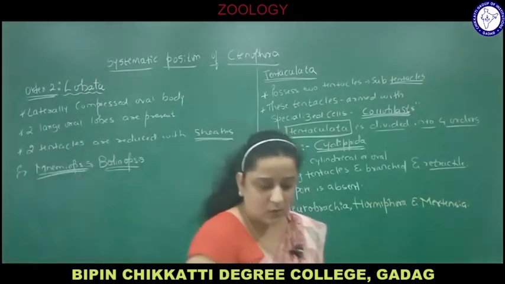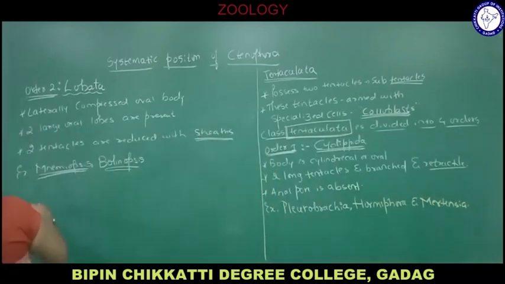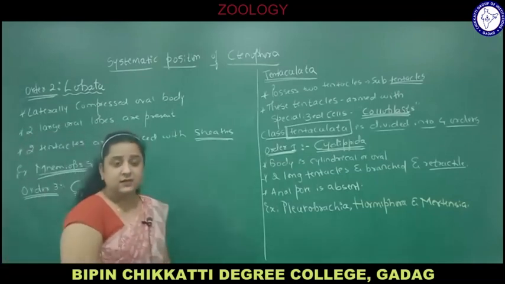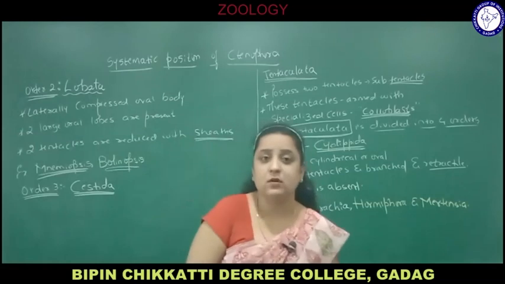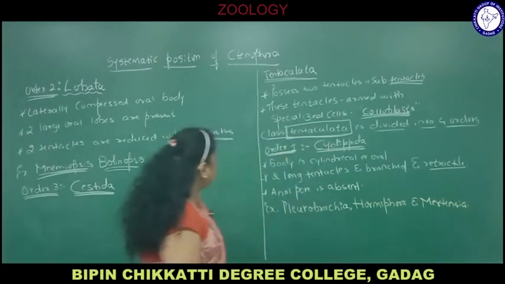Now we will go for third order, that is Cestida. Order number 3, Cestida. Don't get confused with Cestoda, because in Platyhelminthes there comes an order called Cestoda. So here you don't get confused.